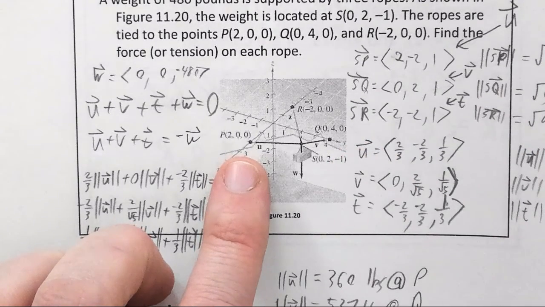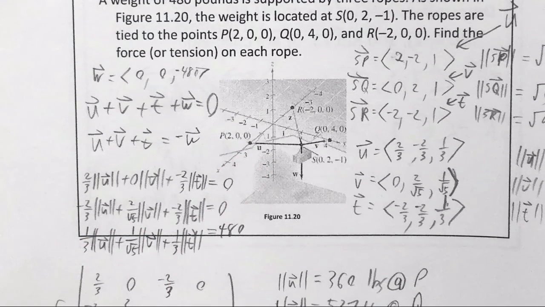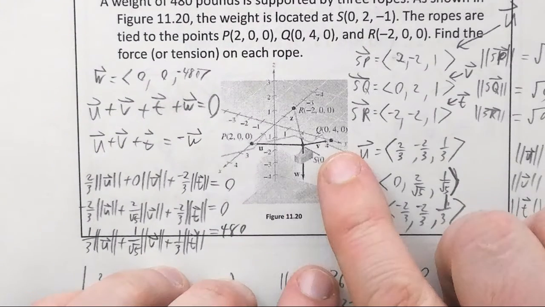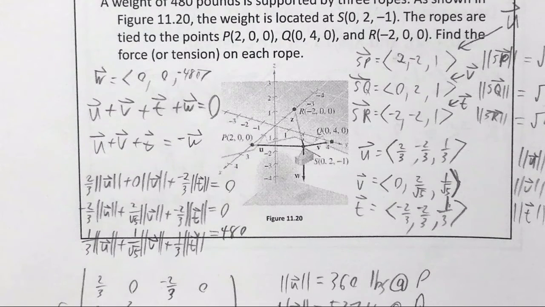It's closer to Q, so more of the weight's being pulled at that point. The rope's shorter because it's closer to that weight. So the force on that rope is going to be greater because it's more underneath this point than underneath the 2 points. Does that help or not?